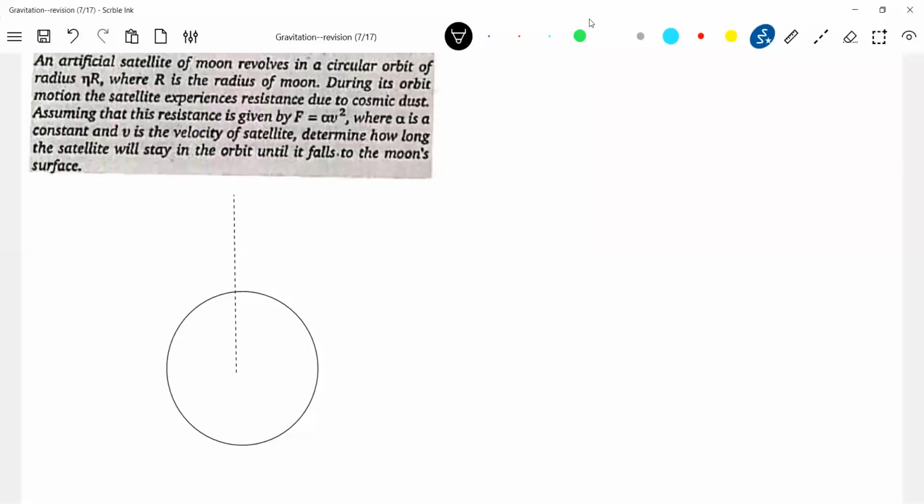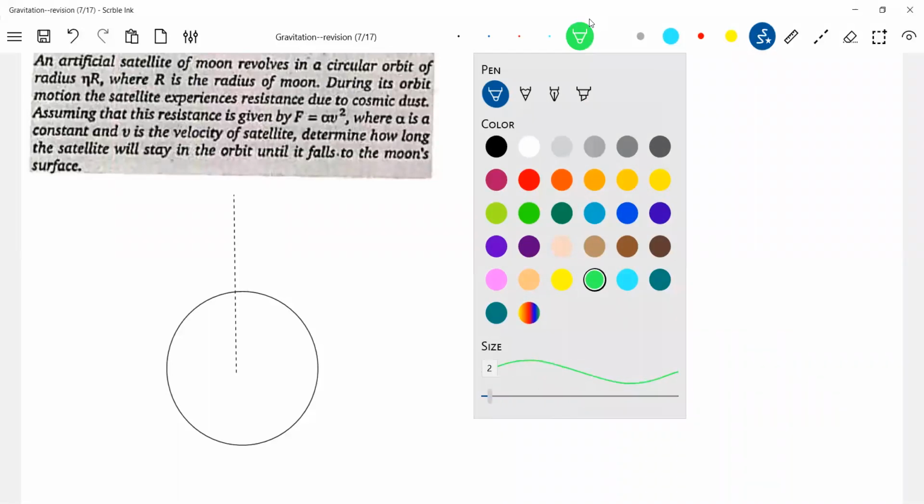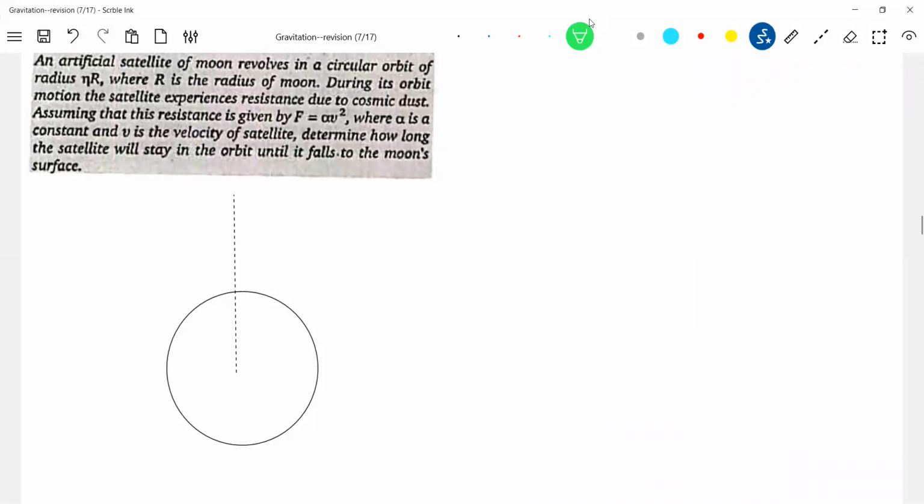Eta r, and finally what, when it will strike to the... It's going to describe a spiral path.